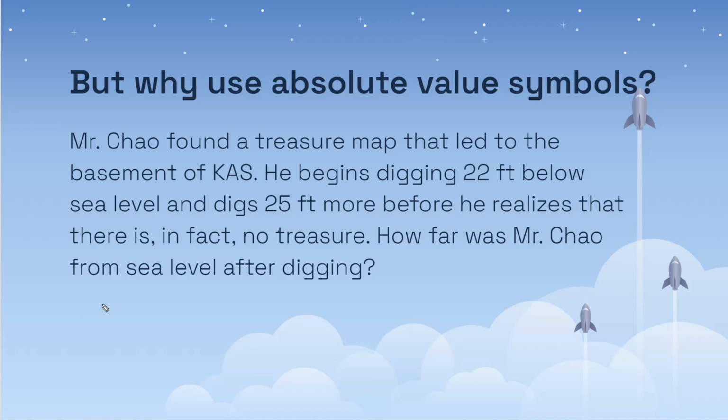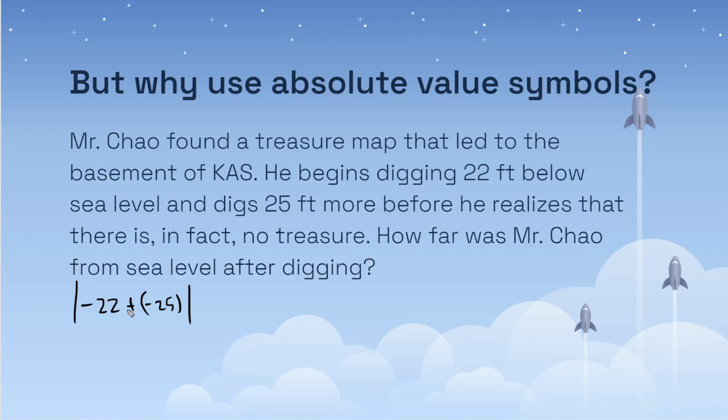So if we start out at -22 and we dig 25 more feet, that's an addition, right? Because we went further on the number line. And we went further how much? Another 25 feet below sea level, right? So what is that?